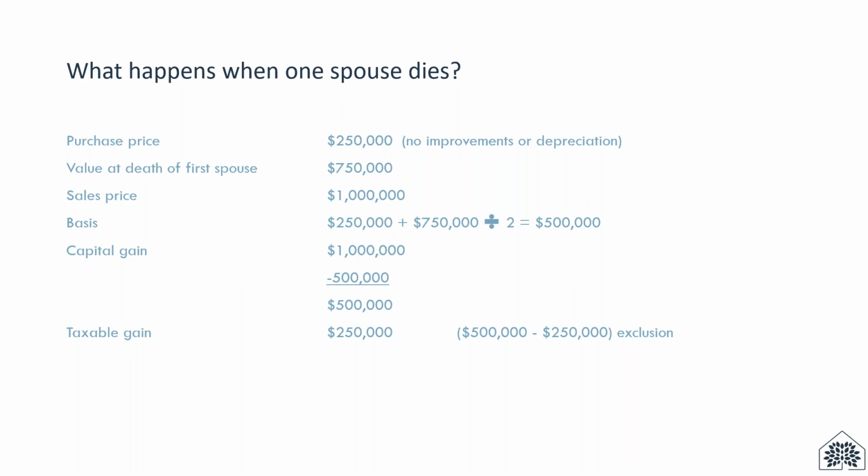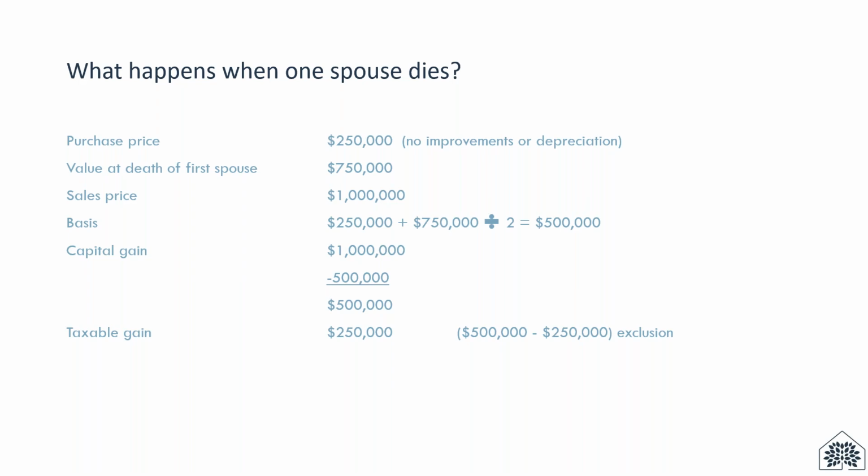The easy way to calculate this is to add those together and then divide by 2. So you add 250 and 750, you get $1 million, divide by 2, and you end up with a new basis of $500,000.